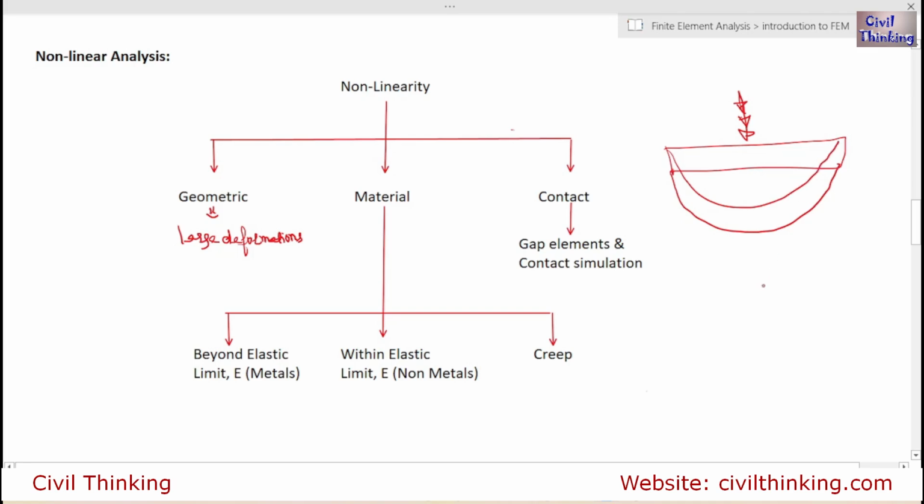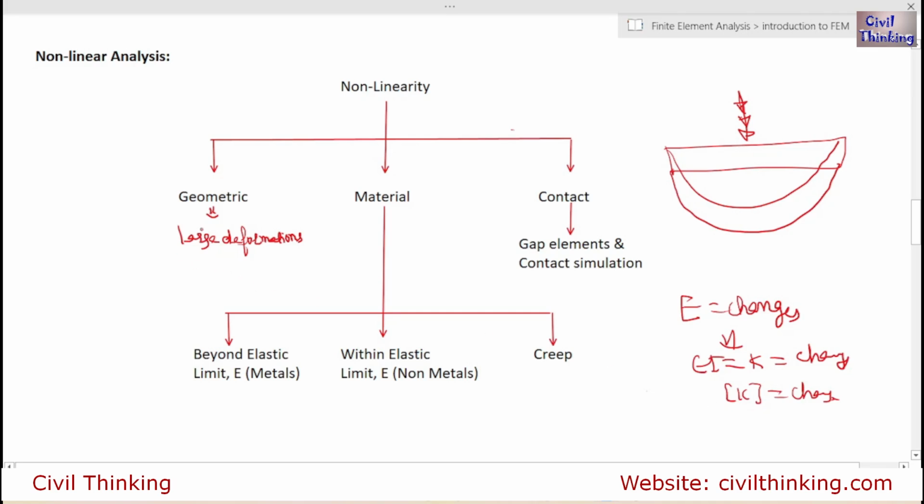So what happens because of large deformations? The structure of the body changes, the internal structure changes. So E also changes. Because EI gives the stiffness K, the stiffness also changes, right? So the stiffness matrix K will also change. It means K is not constant.